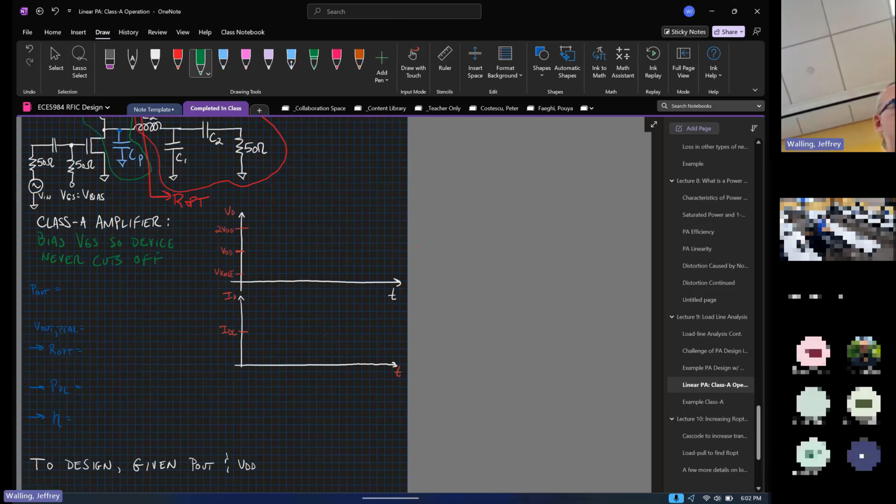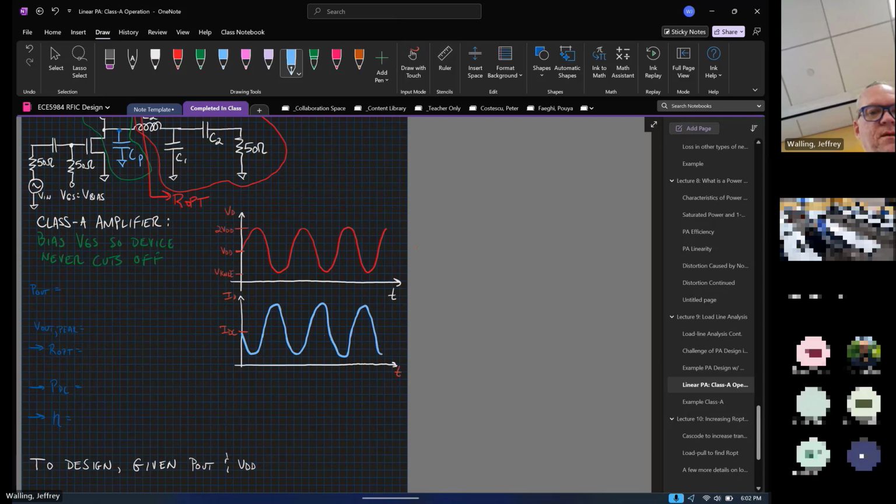All right, so if we look at this, ideally what would be happening is the drain voltage would be swinging through its full range. And the drain current should be out of phase with the drain voltage, swinging through its full range.